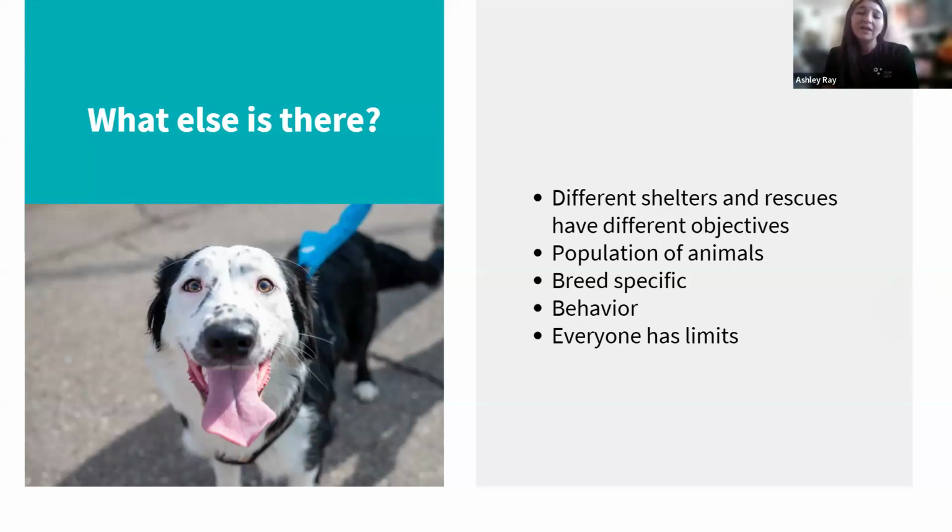Population of animals comes into play sometimes as well. It depends on the type of animals that you have in care and what's easier to place versus harder to place, versus what type of environment we live in and what the type of homes look like in the area that you live in. That's something that I think we don't always take into account.